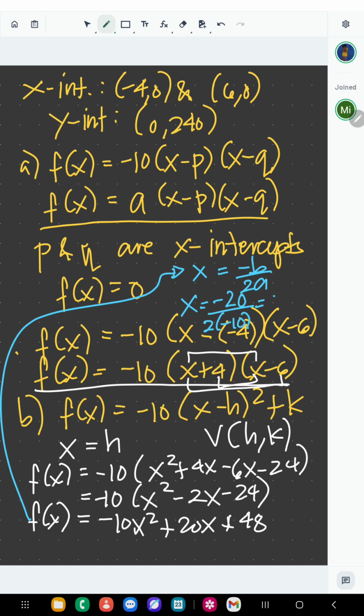So this is negative 20 over negative 20, which is equal to 1. So the x coordinate of the vertex is equal to 1. You got that? And now we can solve for the y coordinate of the vertex by substituting the value of x to the equation.